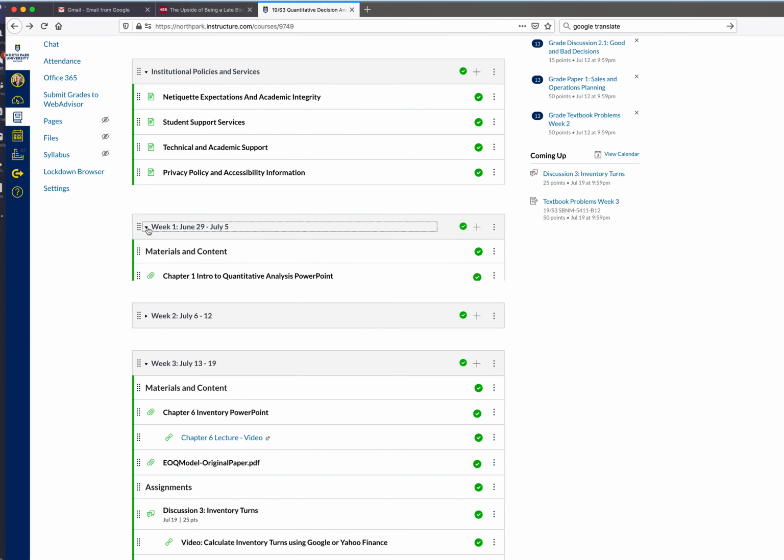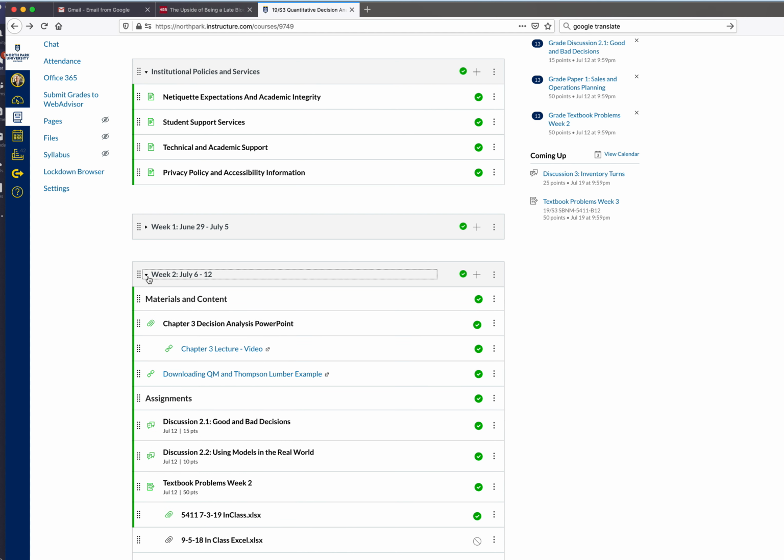We then in week 2 talked about models for laying out decisions, where you have 2, 3, 4 states of nature and alternatives, and then different schemes for analyzing and helping guide people to those decisions. So it's still model building.